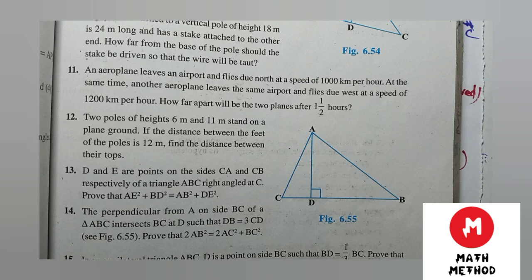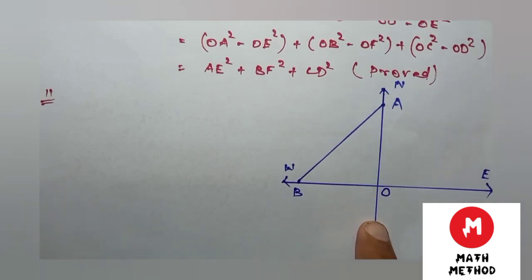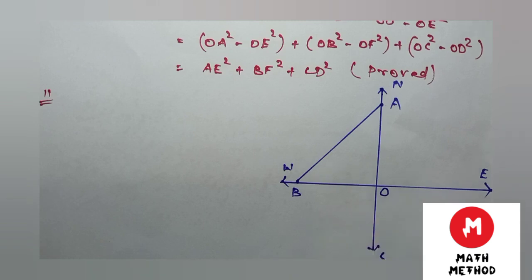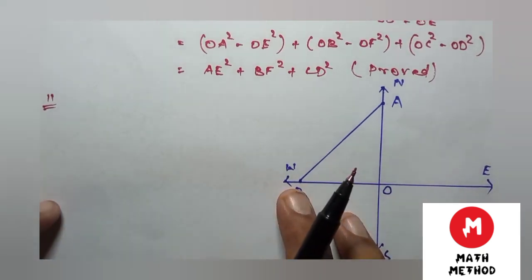We will find it out by applying speed, distance and time. So we will make the figure as a right angle triangle. So I will draw this. Here is my figure for question number 11. Now we will find out the distance between the two planes.